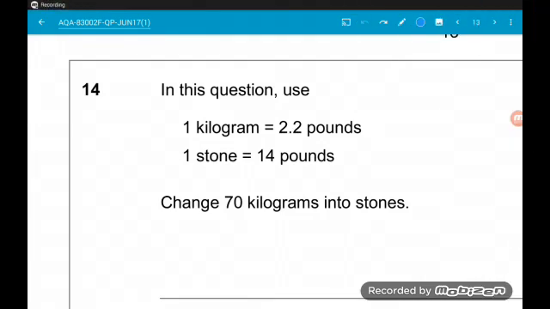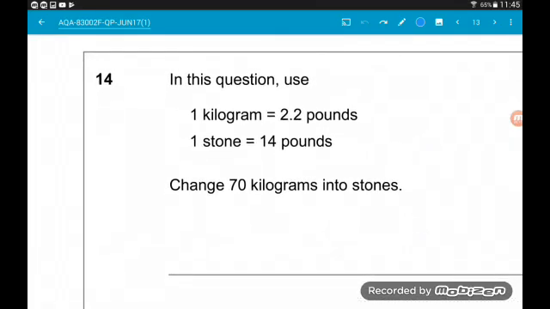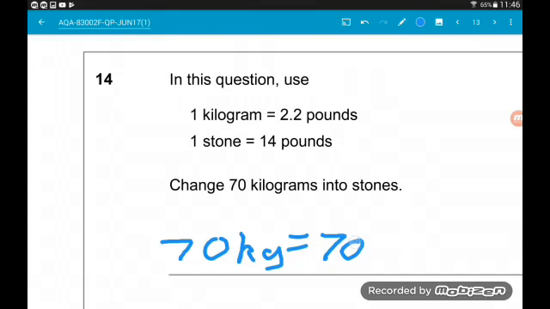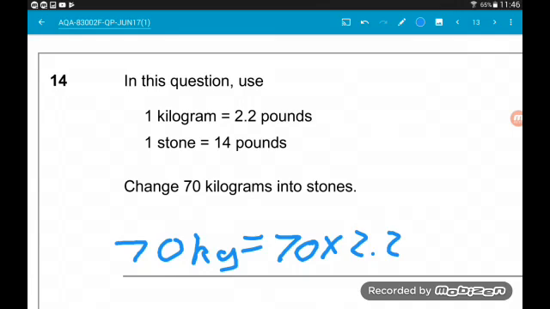Okay, question 14. So, in this question, use 1 kilogram is 2.2 pounds and 1 stone is 14 pounds. We want to change 70 kilograms into stones. So, it's a nice little unit conversion question. So, if 1 kilogram is 2.2 pounds, 70 kilograms is 70 times 2.2 pounds, which for some reason we use LB for.